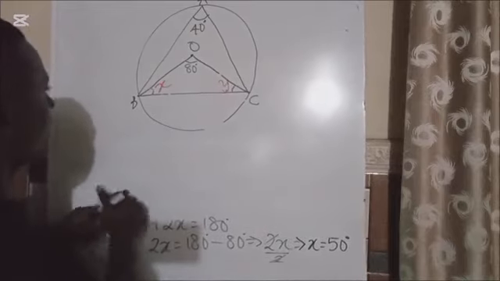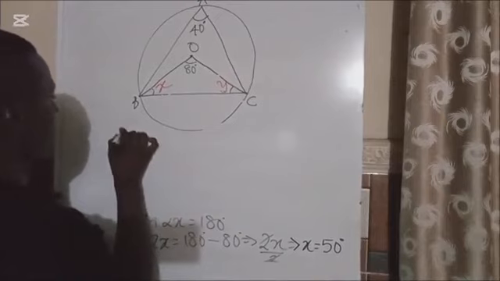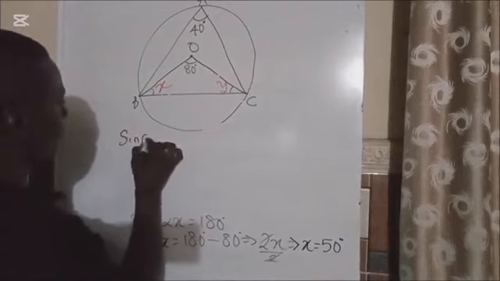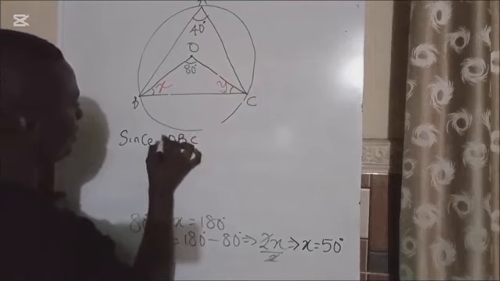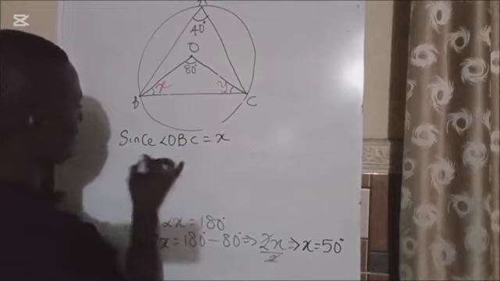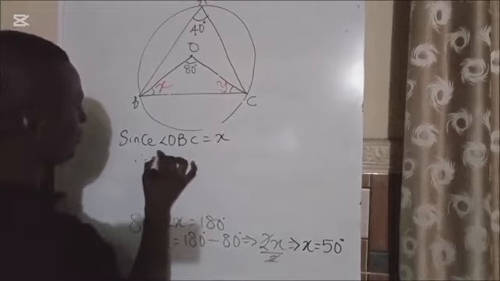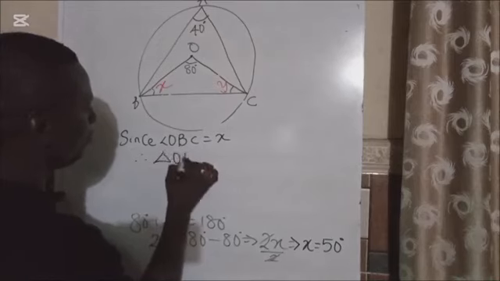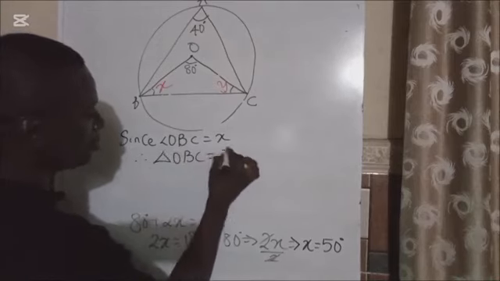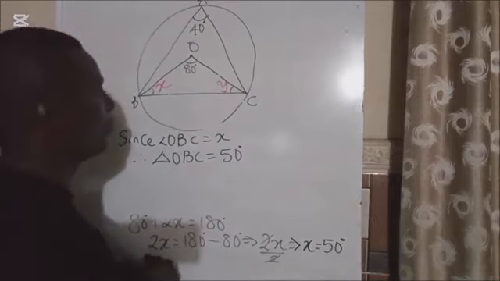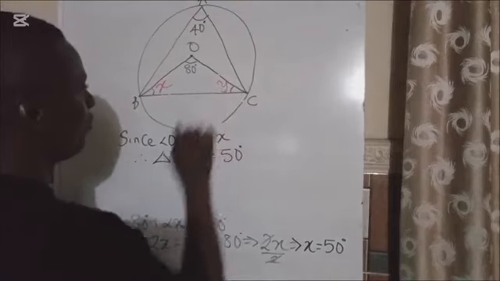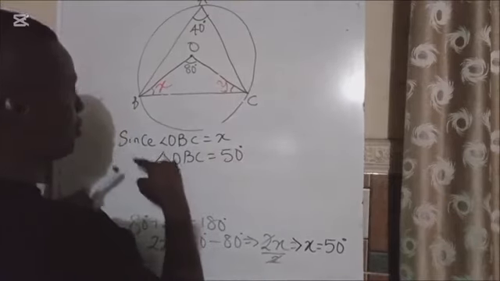So since OBC is equal to x, it therefore means that triangle OBC is equal to 50 degree. Now remember that we said that y is also equal to x.